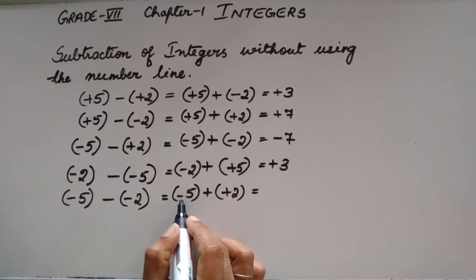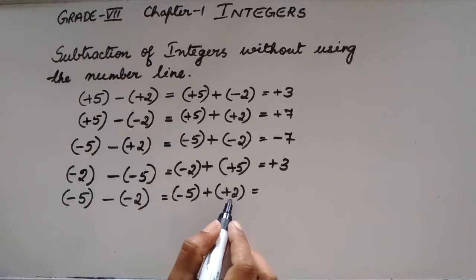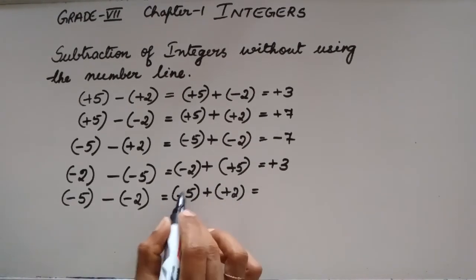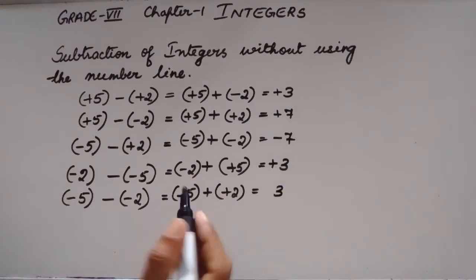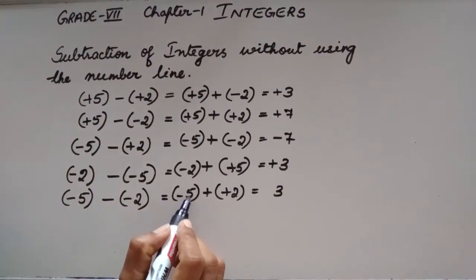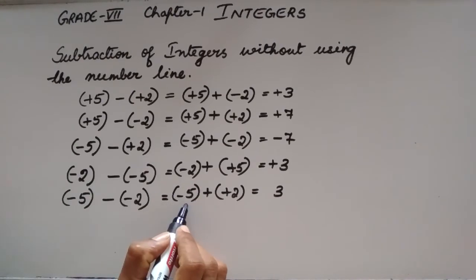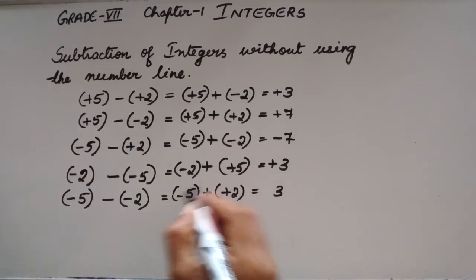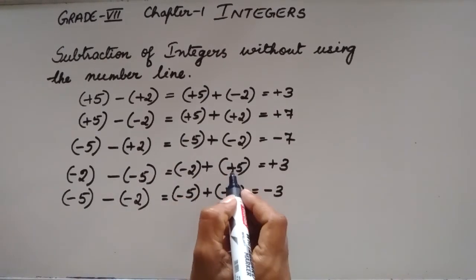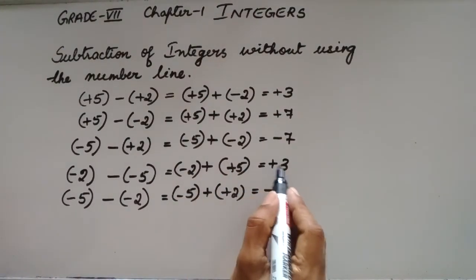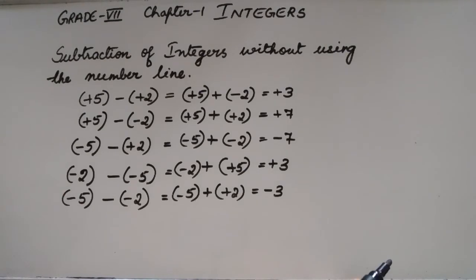So when one negative integer and one positive integer are added, we take their difference. So again, what is the difference? 5 minus 2 is 3, and place the sign of the bigger integer. Now what is the sign of the bigger integer? Minus, isn't it? Yes, so it is minus 3. Here the sign of the bigger integer was plus, so it was plus 3. Did you get this, students?